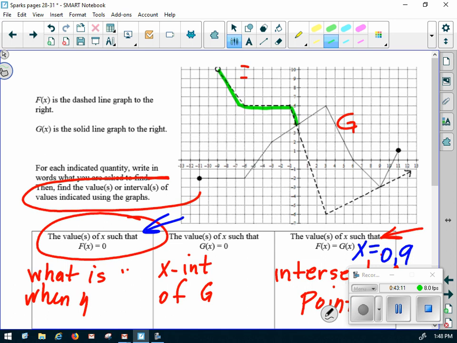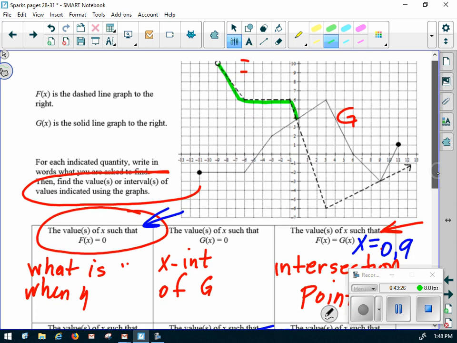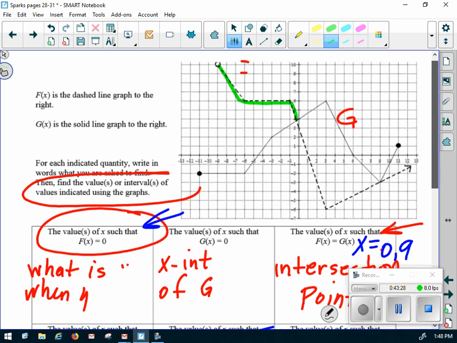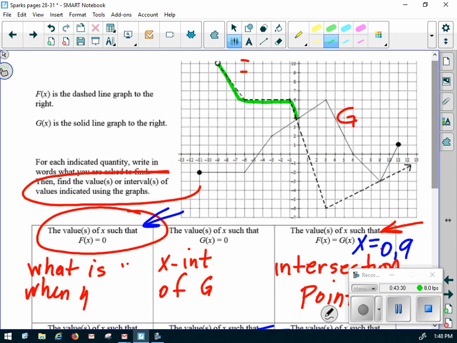Parentheses, -9. X values, 0. Parentheses, -9, parentheses, 0. Why don't we include 0? Because that's an intersection. Yeah, that's an intersection.